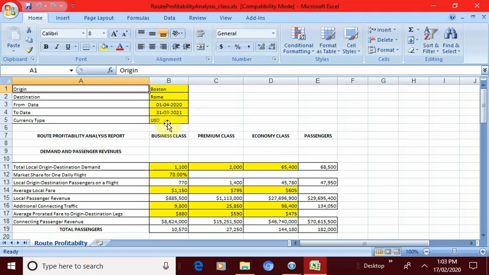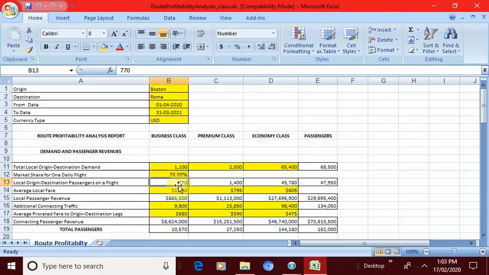Currency type is USD, and you can see the input of all the parameters. This is the number of local passengers we are expecting, these figures were estimated forecasting, and this was the market share estimated.